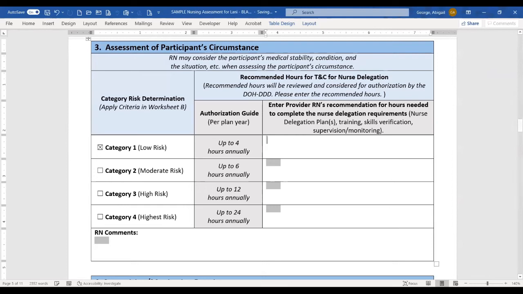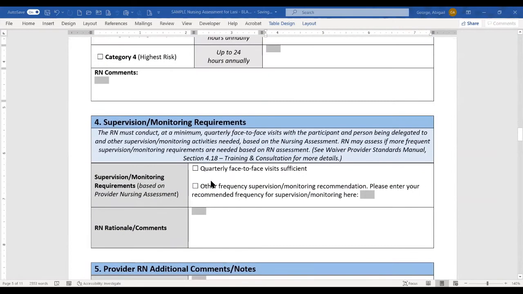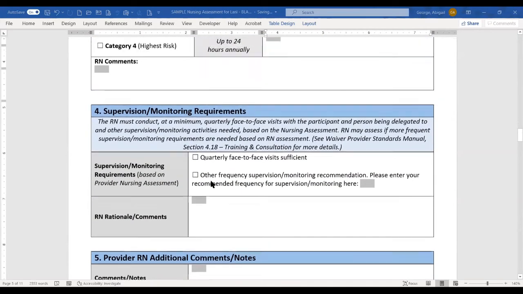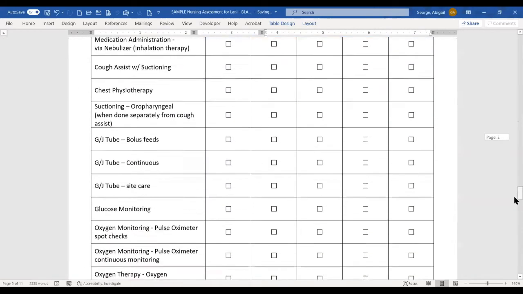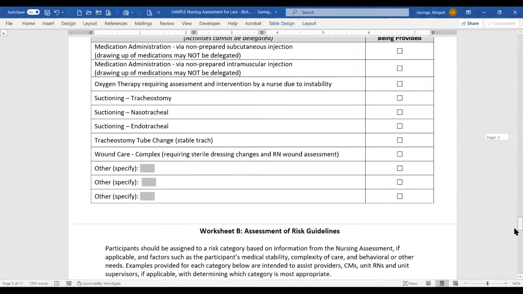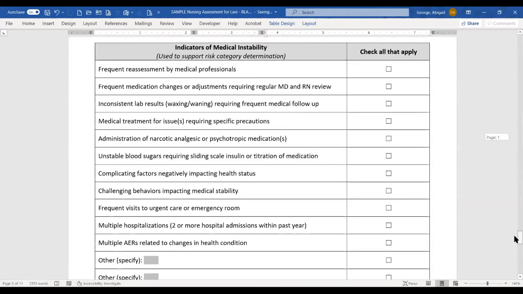And then just a friendly reminder, I know we're trying to go through it quickly, but you would use worksheet B, going through that checklist of indicators of medical instability. Maybe we'll scroll down to worksheet B. As Abby mentioned earlier, when the nurse went through this checklist, there were no indicators that she identified, either already on there or any other that she would input.